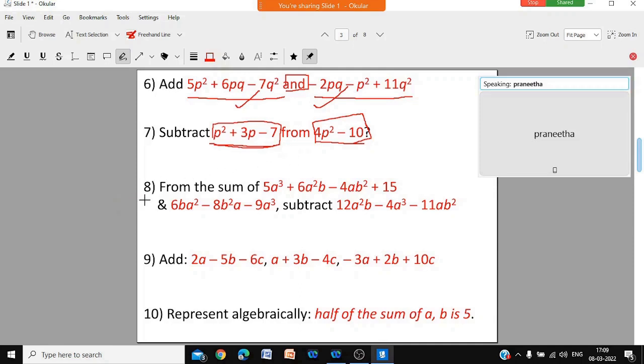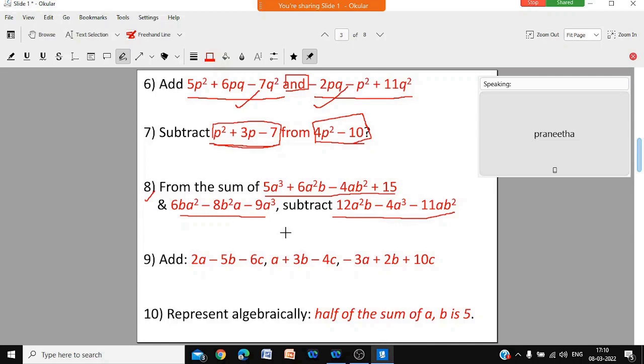Number 8. From the sum of this one and this one, subtract this. From the sum of the first quantity and the second quantity, subtract the third quantity.